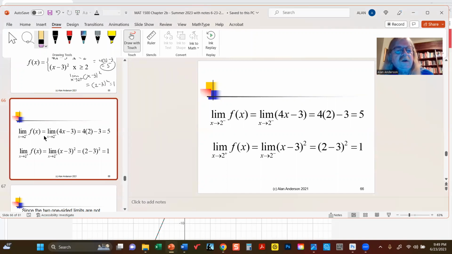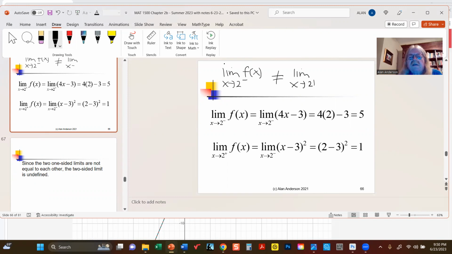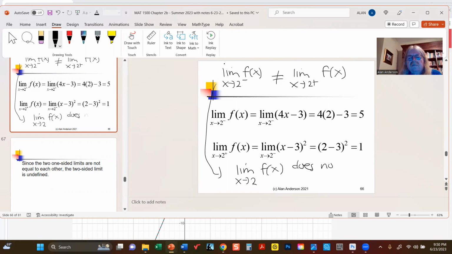So therefore, the two are not equal to each other, and therefore the two-sided limit does not exist. Or you could also say it's undefined.